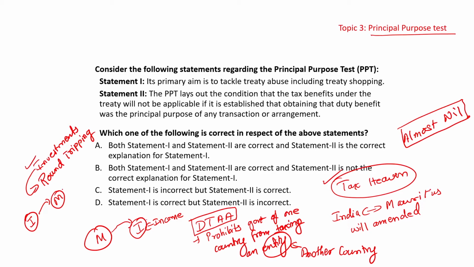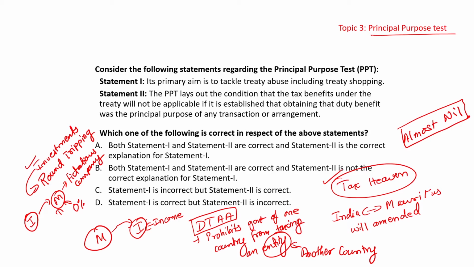In Mauritius you open up a fictitious company. You show your black money to be profit from the company in Mauritius. You do not pay tax in Mauritius. Why? Because Mauritius is a tax haven. It has almost 0% tax.